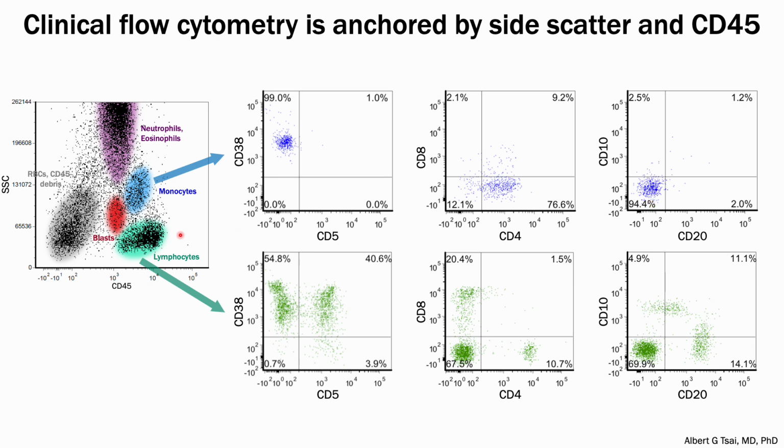Now instead, if we gate on the lymphocyte region here, each one of these individual dots is now represented in this plot. Even though we're looking at the same marker, CD38 versus CD5, now we're looking at a different set of cells that have different patterns of antigen expression.